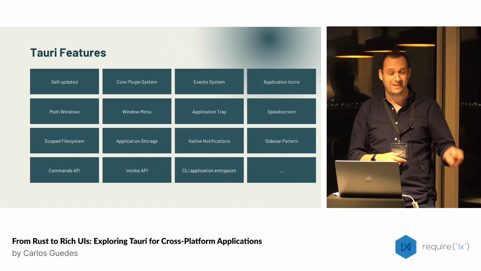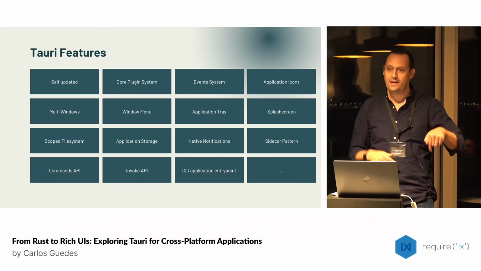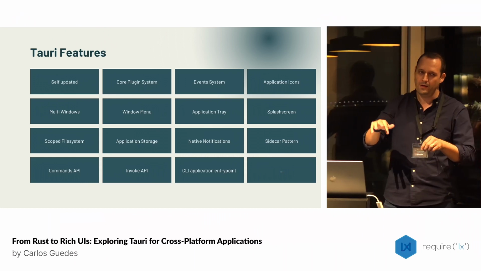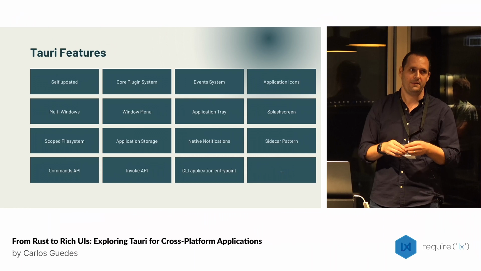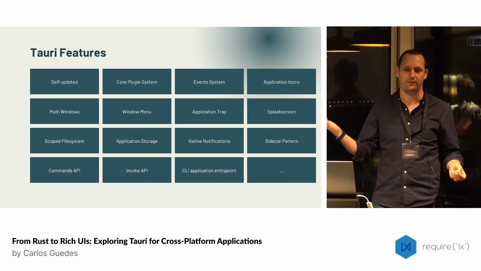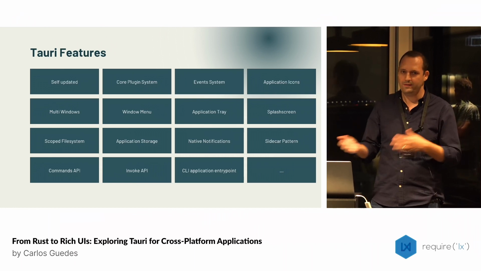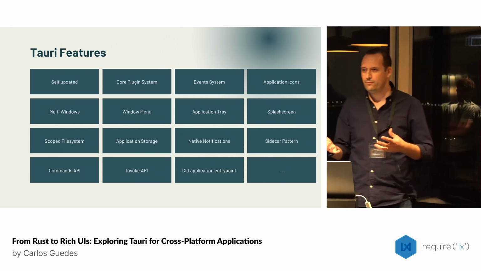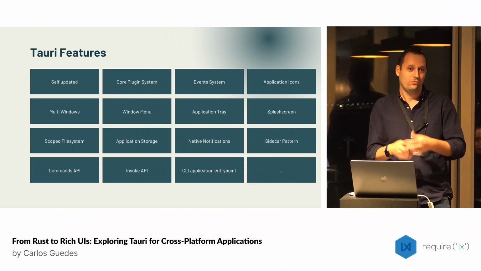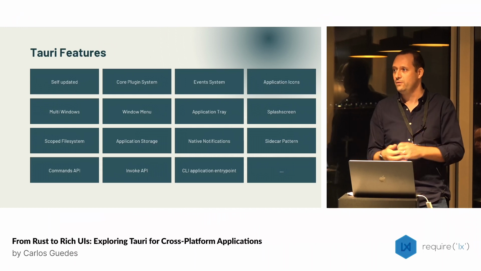File system that is scoped, so again, security concerns. Application storage that is also platform aware, because where you save temporary files in Windows, Linux-based systems or macOS is completely different, but we can access them agnostically, because otherwise it won't be platform agnostic in a way.